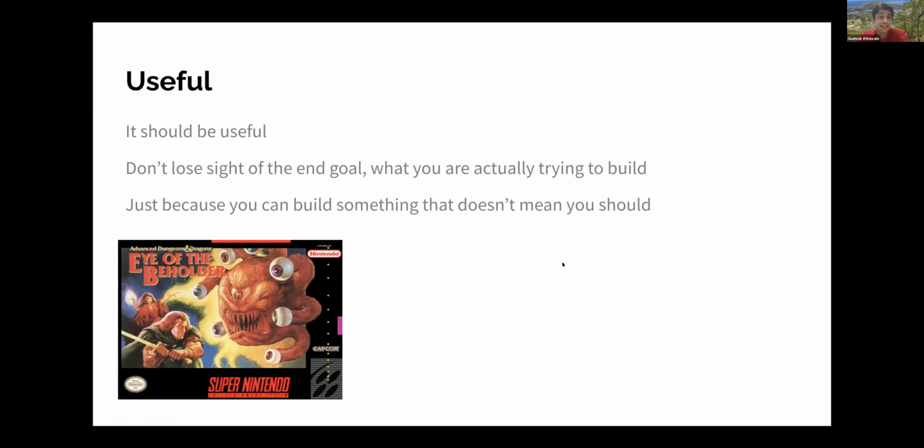facet of design, and that is that it needs to be useful. This one is fairly self-explanatory. Anything that is useful is something you should make, but also at the same time, don't forget to consider when you're building something whether it should be useful or not. There's a lot of things you can do with technology that's very cool, but it doesn't really have much use. One example is, I know a lot of developers, and myself included, when I first started learning Bash and other scripting languages, I learned that, wow, I can script everything.